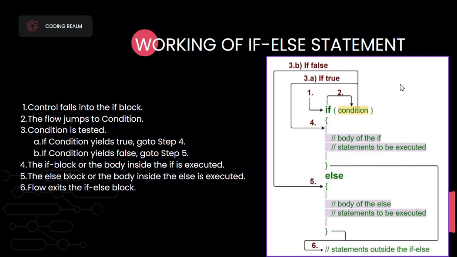If it's true, go to step 4, where the body inside the if is executed. If the condition is false, the body inside the else is executed. And finally, the flow exits the if-else block. This is the if-else and how it works.